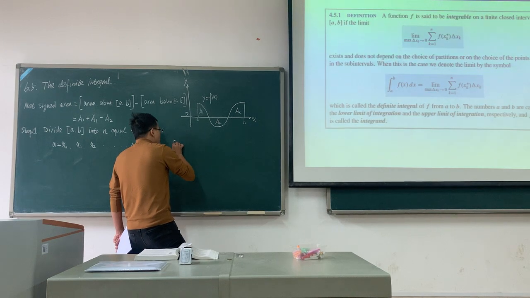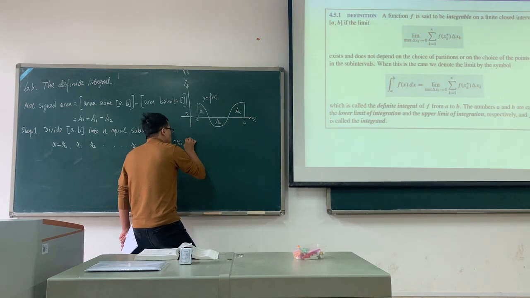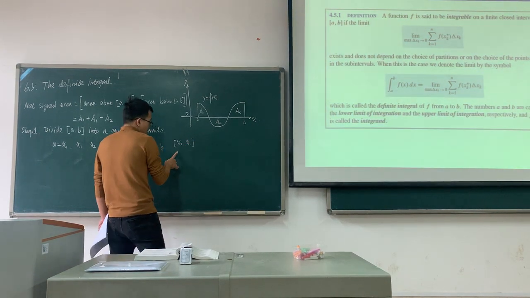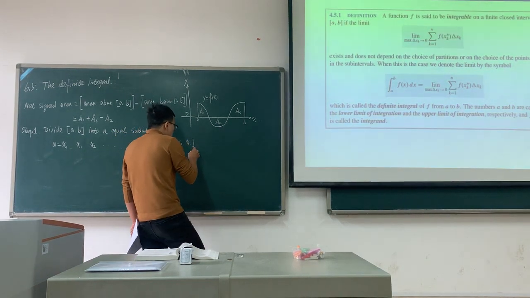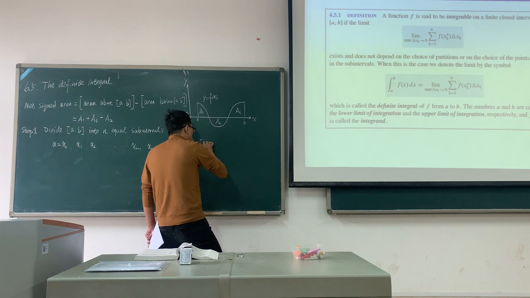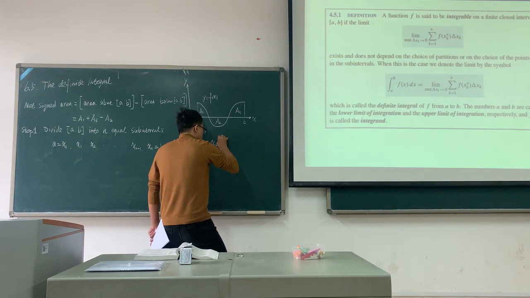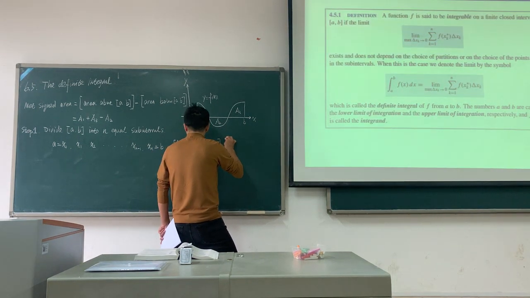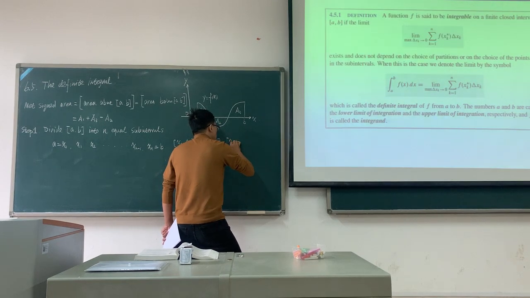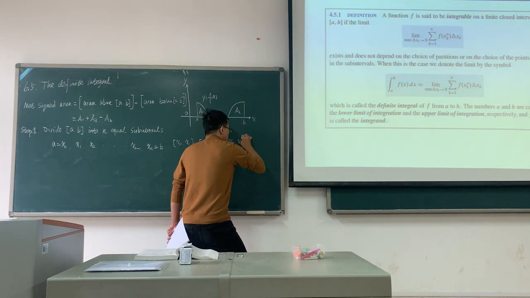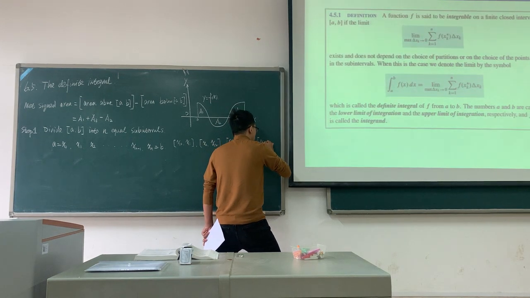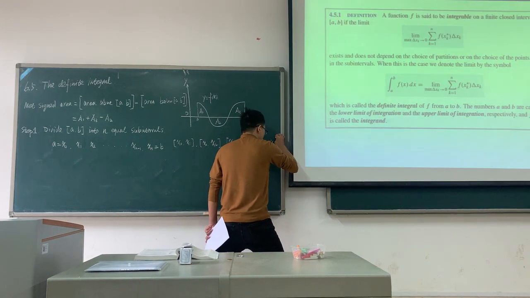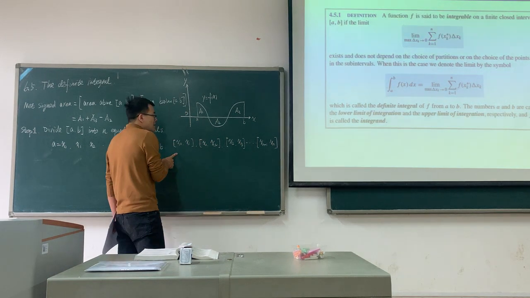The first subinterval is x0 to x1, the second is x1 to x2, the third is x2 to x3, and the last one is x(n-1) to xn. So these are the n subintervals.